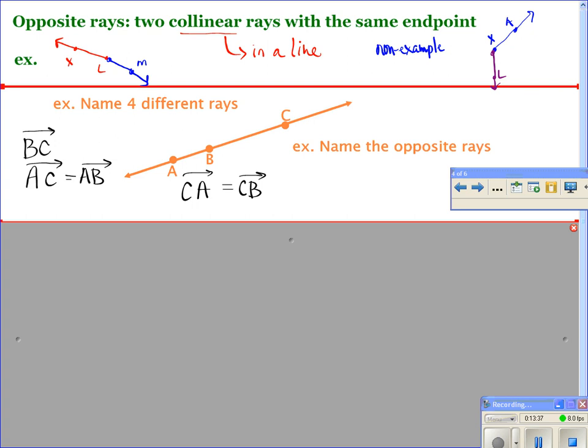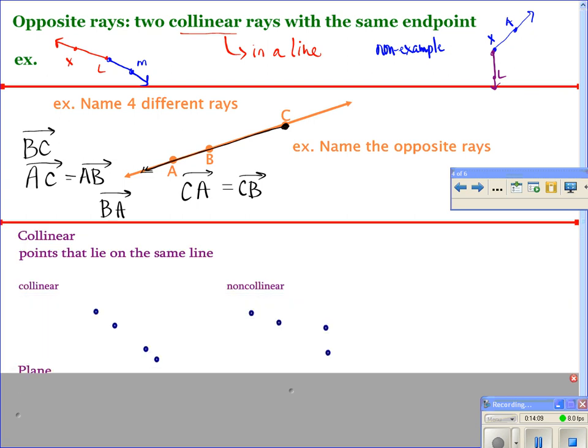Yep. So there are 4 rays. Why? Can you see why CA and CB are the same ray? Yes. They're doing the exact same thing. They both start at C and they're both going in the same direction. Okay, so just know that those are the same, but those are 4 different rays.